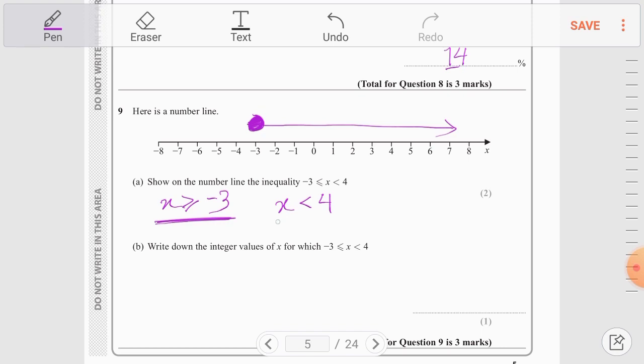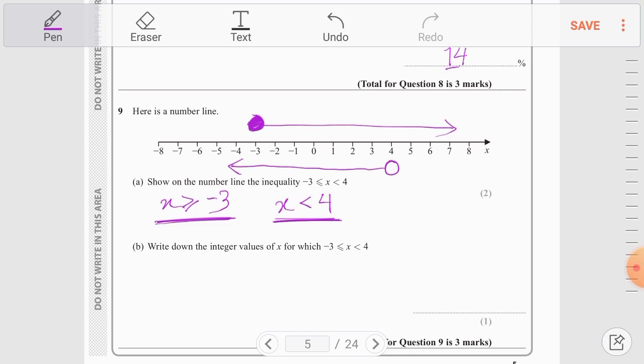And now I'm going to draw the number line for this range, that is x is less than 4. As x is less than 4 but not equal, I'm going to draw an empty circle on 4, and draw a line towards the left, because x is less than 4. So part A is done.